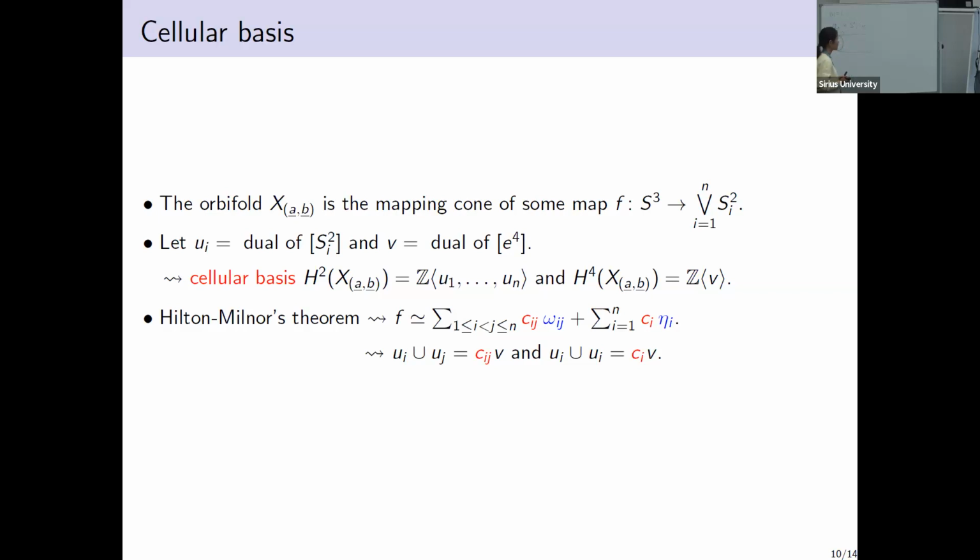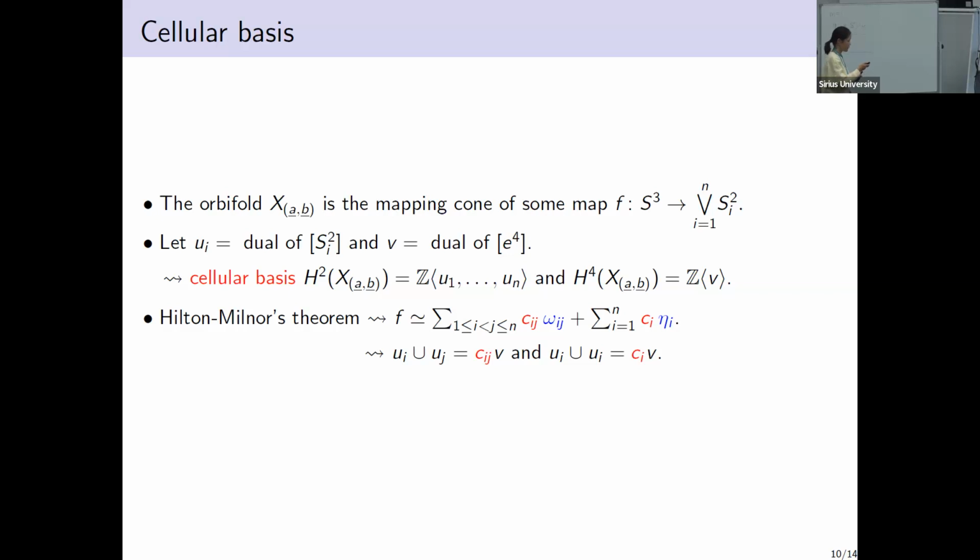We can directly apply Hilton-Milnor theory to show that up to homotopy equivalence, f is given by some linear combination of some Whitehead maps and Hopf maps, and we can further show that the cup product between Ui and Uj is exactly the coefficient appearing in the Whitehead map, and the cup product of Ui with Ui, this coefficient is exactly given by the Hopf map.